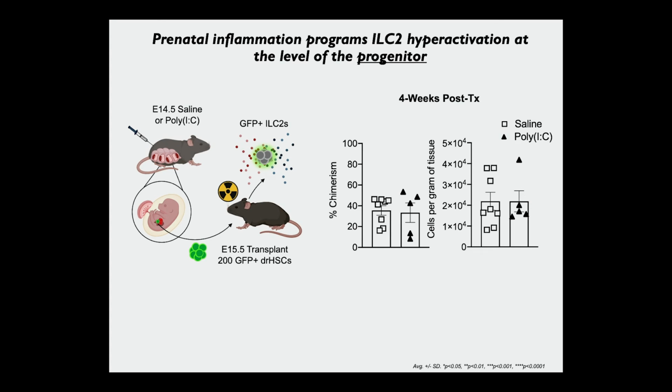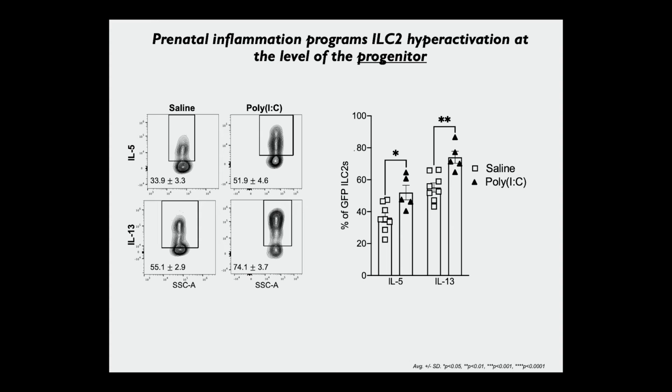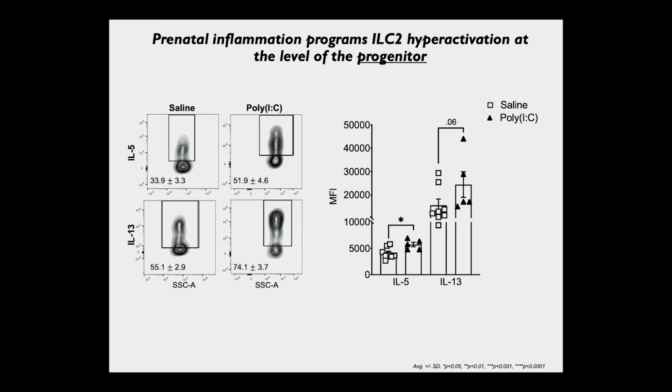And he found that they do, in fact, make ILC2s, so they are a precursor for ILC2s in the fetal liver. And then, more importantly, what he found is that they make hyperactivated ILC2s. So they're making more ILC2s that produce IL-5 and IL-13, and they also produce ILC2s that produce more IL-5 and IL-13.